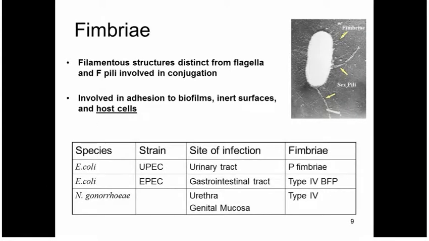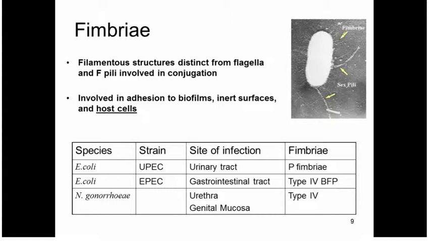Now, this can be very important for bacterial tropism, which site of the body is infected. So, for example, uropathogenic E. coli, which can infect your urinary tract, express P fimbriae, whereas enteropathogenic E. coli express a different type of fimbrial adhesin, which allows the bacterium to adhere to enterocytes.